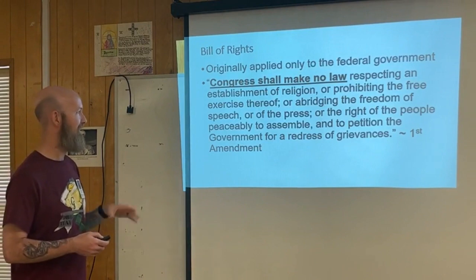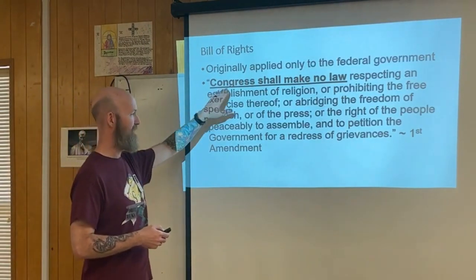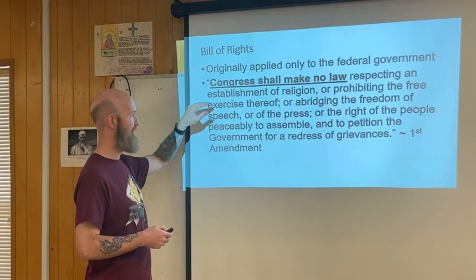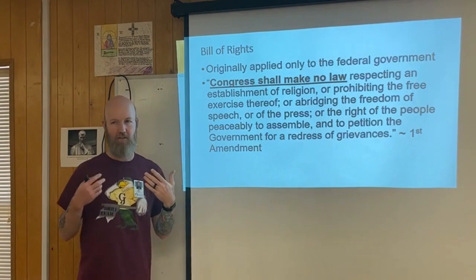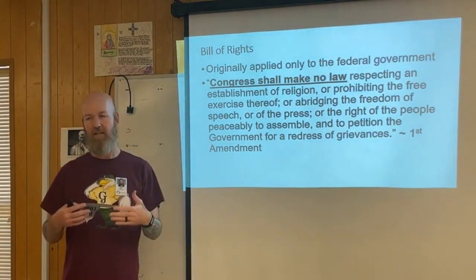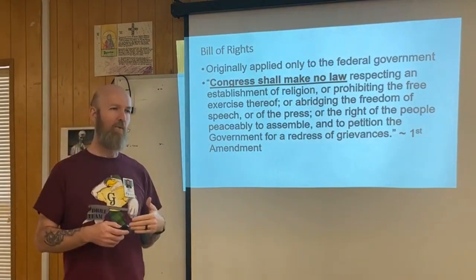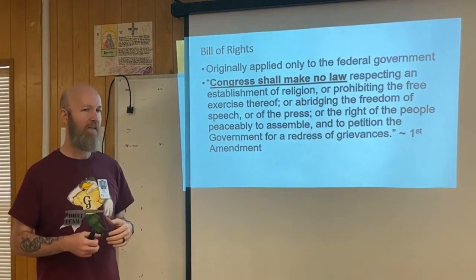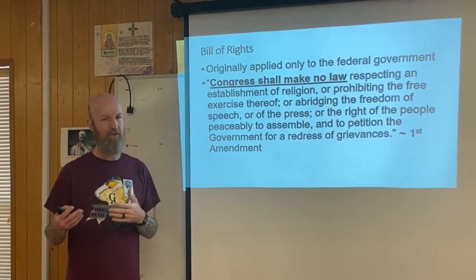This is really important, that the Bill of Rights did not apply to the states. For example, First Amendment, Congress shall make no law respecting an establishment of religion. That prohibited the national government, Congress, from creating a national church or a state-sponsored church at the national level. But well into the 1800s, there were individual states that still maintained state-sponsored churches.